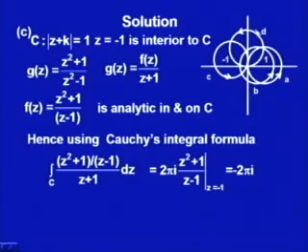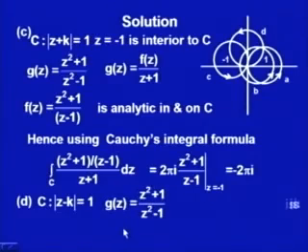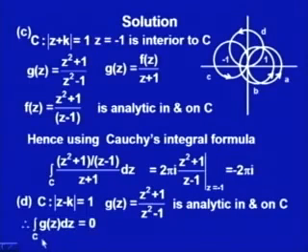So, if I take this contour and its interior, in this domain my function gz is analytic. So, using the Cauchy integral theorem in the simply connected domain, we simply get that the integral along this contour of gz dz should be 0.